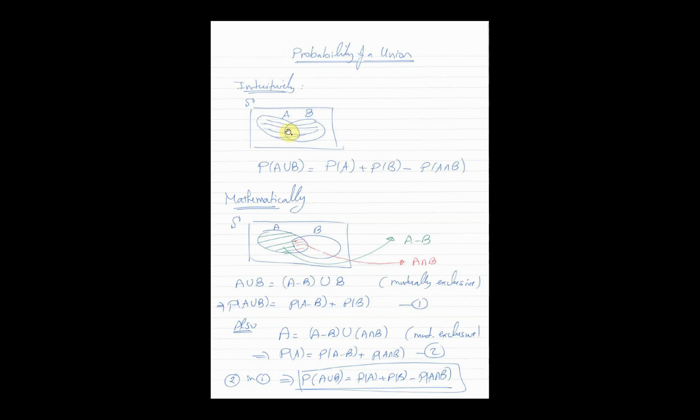I think this is a nice intuitive proof. Students usually like that. So intuitively, it's easy to convince ourselves that the probability of the union is the probability of A plus the probability of B, minus the intersection of the two, because we need to cover this only once.